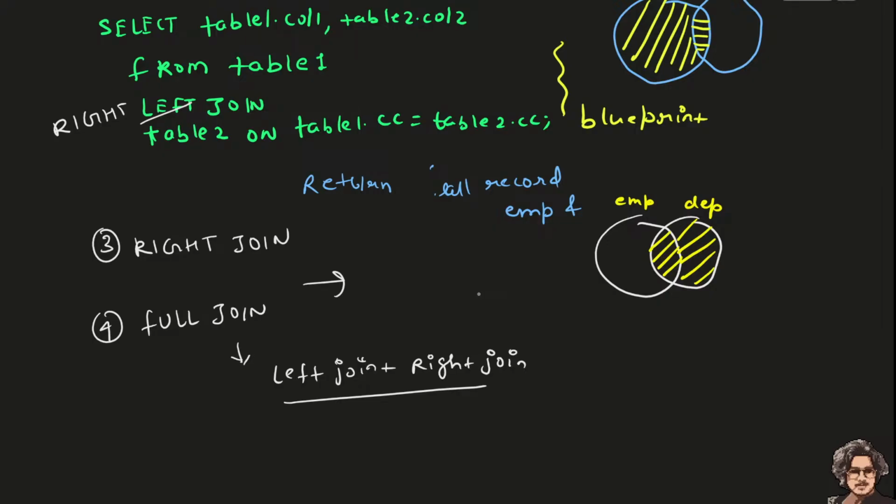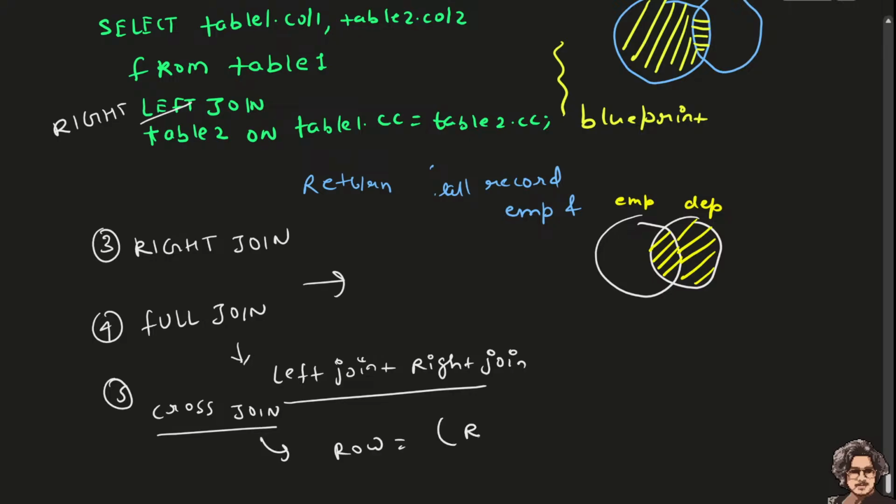The fifth is the cross join, which is a Cartesian product of two tables. A Cartesian product means the number of rows equals the rows of table 1 multiplied by the rows of table 2.